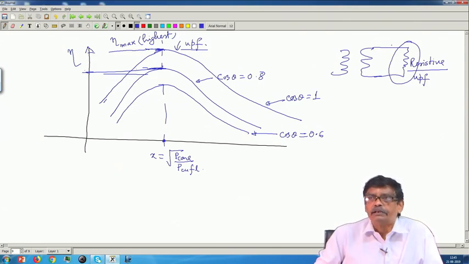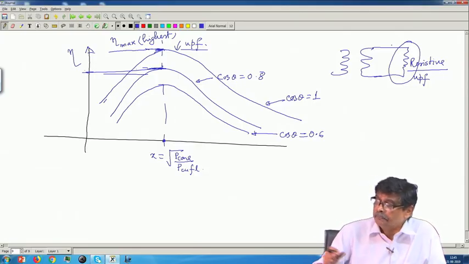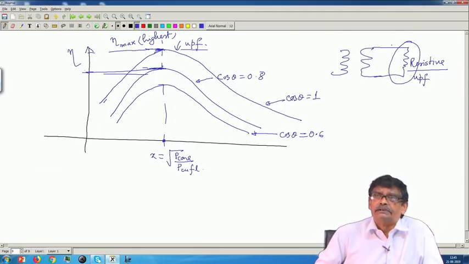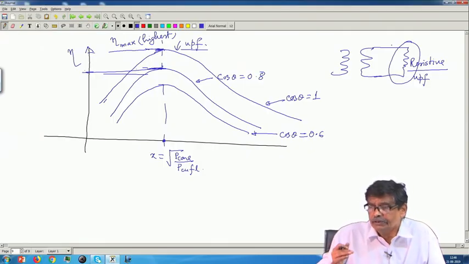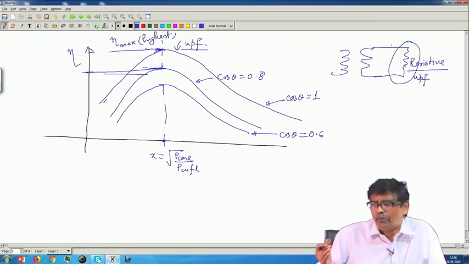You must be knowing that people try to maintain the load power factor at, say, 0.8, which is a good number. You connect an RL load, this or that load, but try to see that the power factor is close to unity, or at least 0.8.